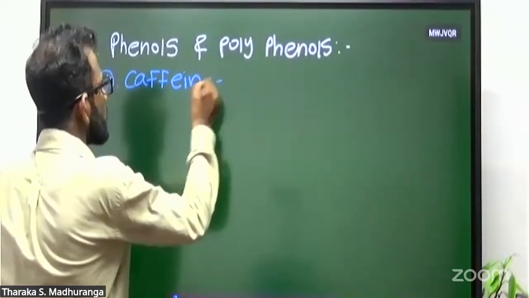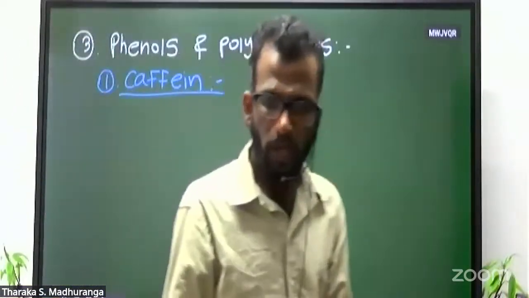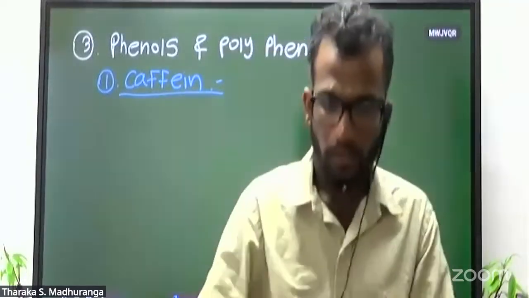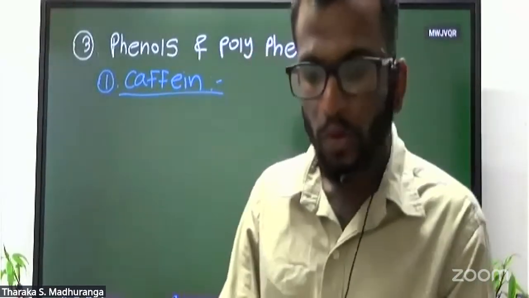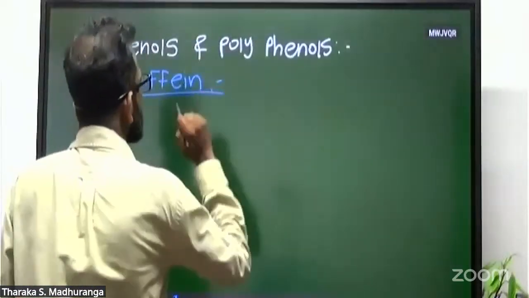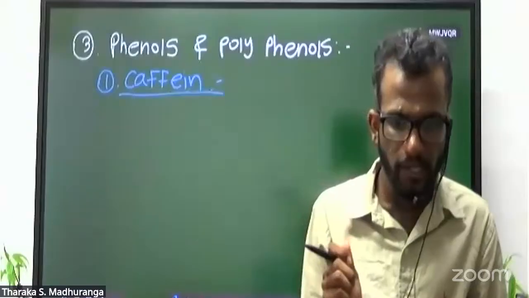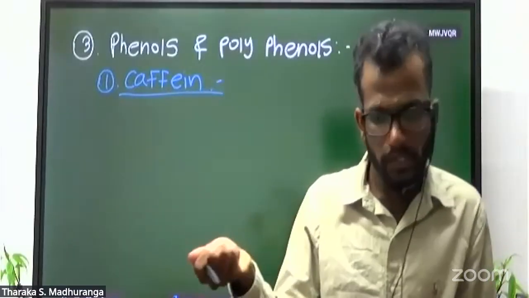The main phenol and polyphenol type is caffeine. You know, caffeine is an antioxidant. For all phenols and polyphenols, the main characteristic is that they are antioxidant.